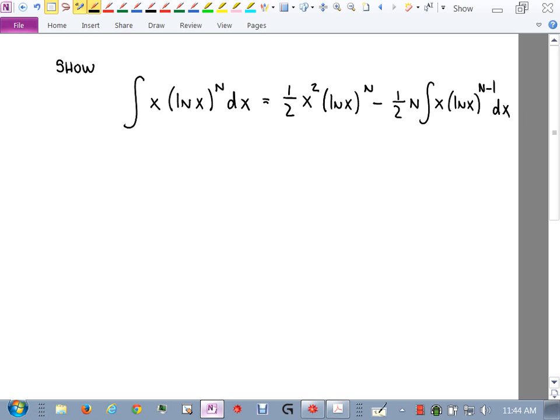Take a moment to jot that down. And I'll put here for n greater than or equal to 1. So why do we call this a reduction formula?